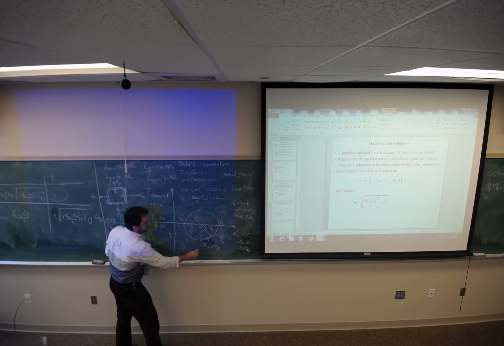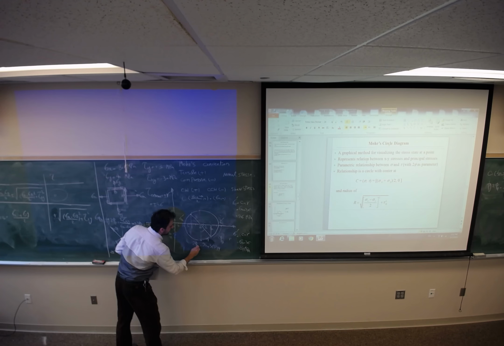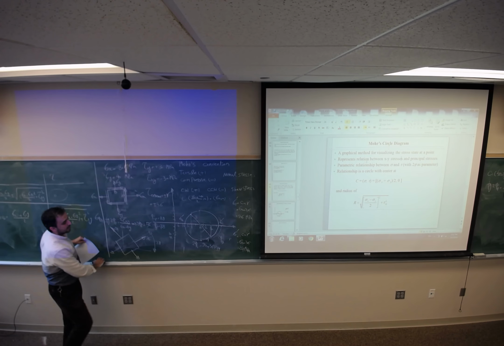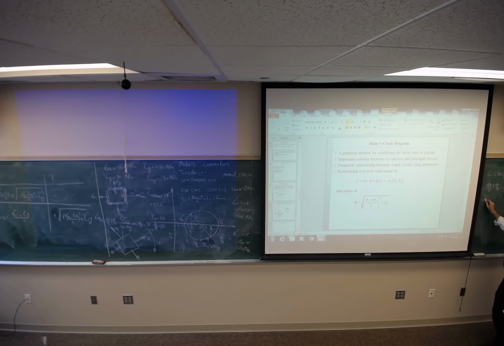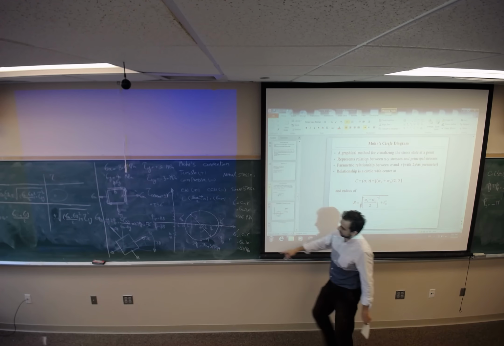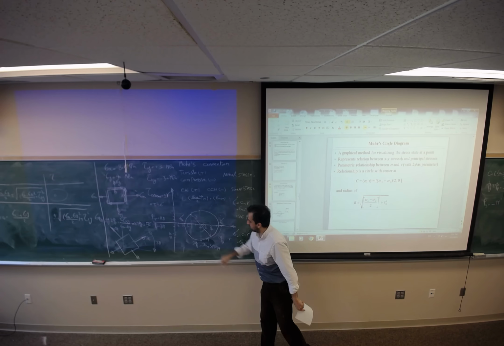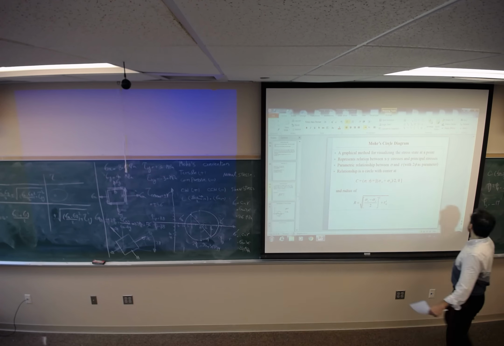It's 2 phi s. So phi s is going to be half of that, 17. And since we're rotating in clockwise direction, I put negative 17.